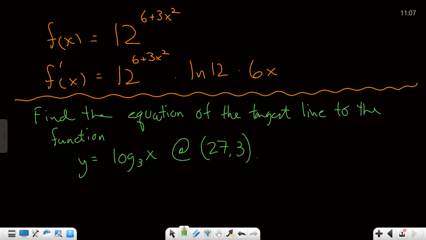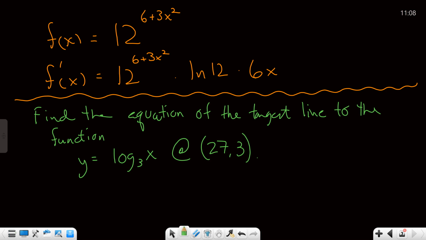What's a in this case? 3. What's u? x. You are not expected to know the values of natural log functions off the top of your head.